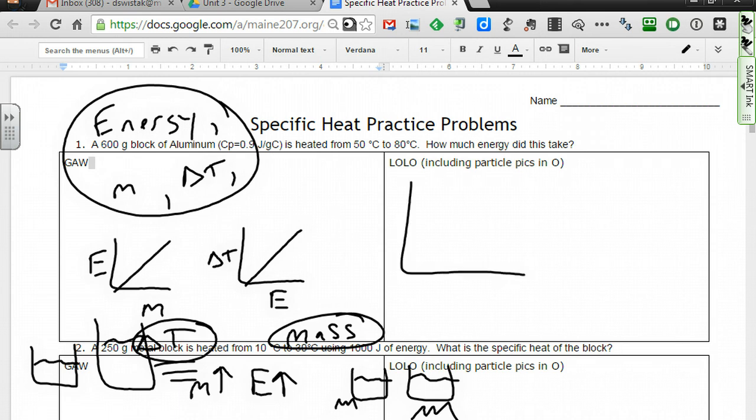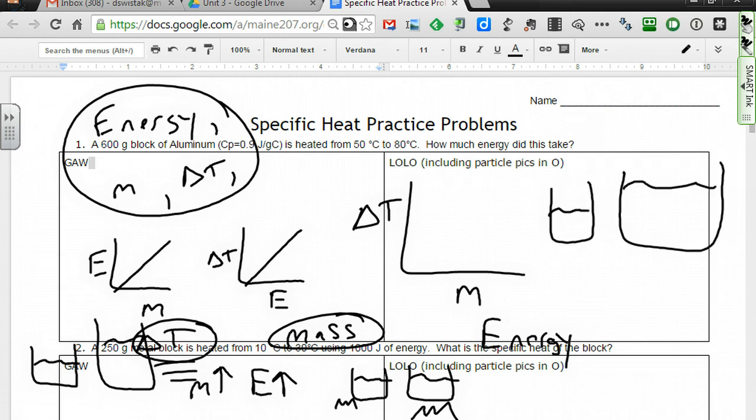And then the last thing, mass versus change in temperature when energy is constant. Now I've got a small pot and a big pot. If I keep the energy constant under both of these, do they change temperature by the same amount? Your answer should be no. This guy is going to heat up all these particles a lot faster because there are fewer of them.